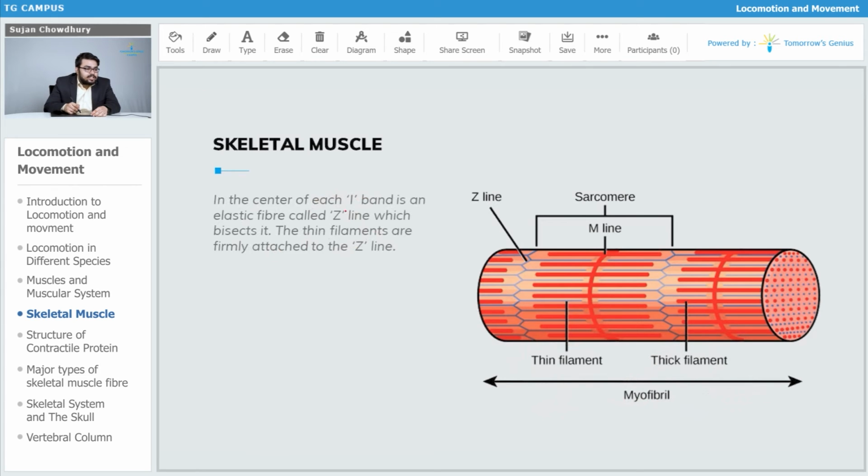In the center of each I band or isotropic band, which is the light band, is an elastic fiber called the Z line, which bisects it. So here we have the Z line that is bisecting the center of each I band or light band.